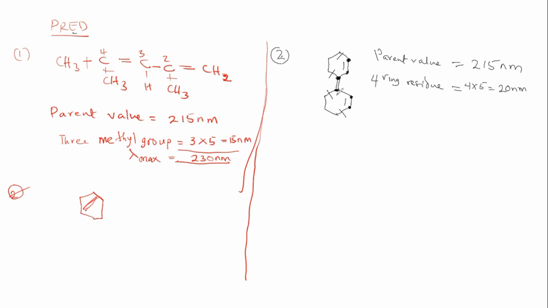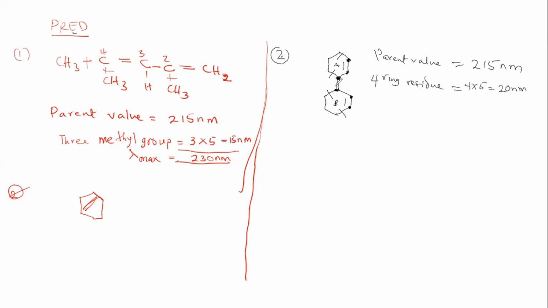Here is a double bond that is connected to a ring. Now look at this double bond. Is it connected to a ring? No. But when you look at the double bond here, it's connected to ring A. It's also connected to ring B.